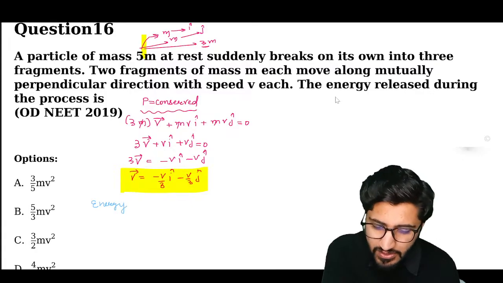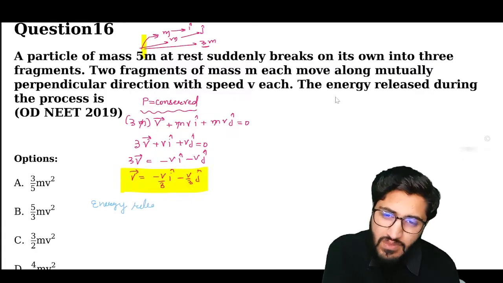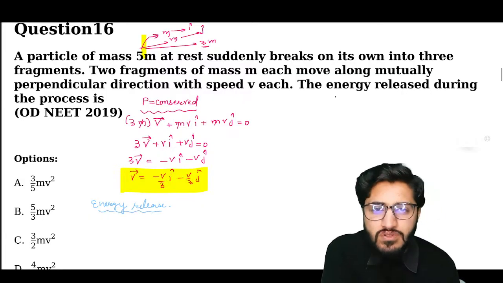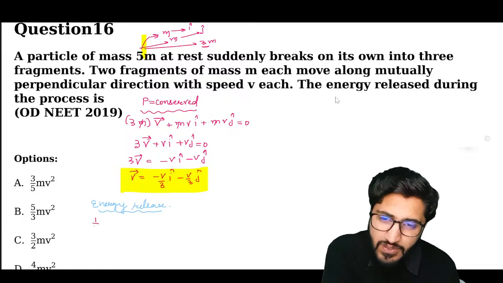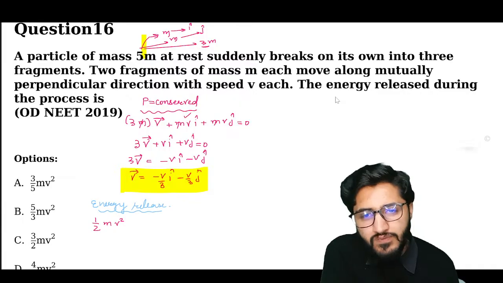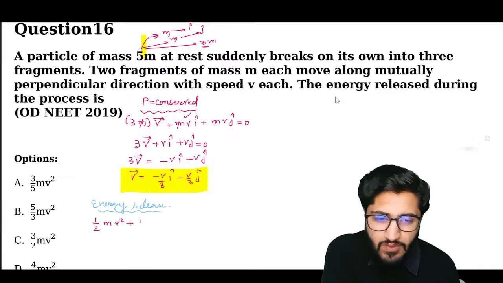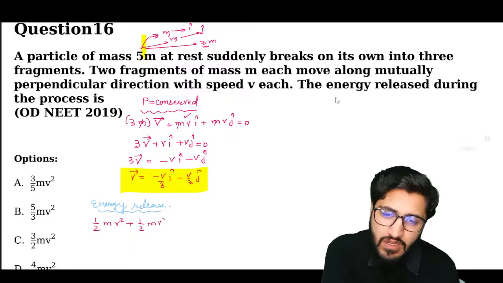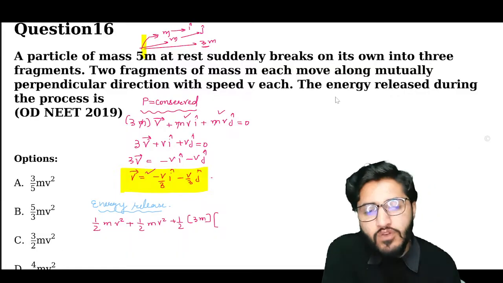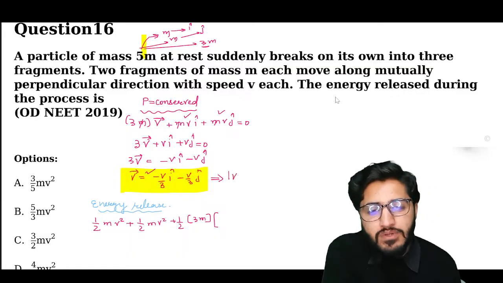My energy released will be equal to 1 by 2 m v square for the first one, plus the same 1 by 2 m v square for this one, plus 1 by 2 into 3m into v square for the third. What is v here? It is in vector form, so I have to find its magnitude.